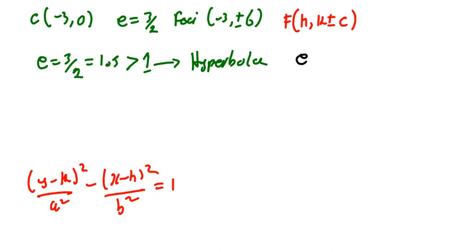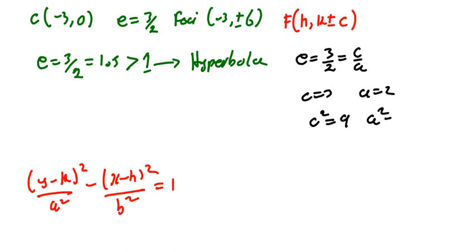Since e is the eccentricity, which is 3 over 2, which is c over a, it simply means my c is equal to 3 and my a is equal to 2. So what this means is that c squared will be equal to 9. I'm getting that from the eccentricity. Then a squared is going to be equal to 4.